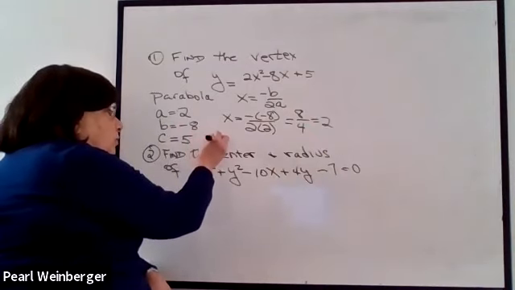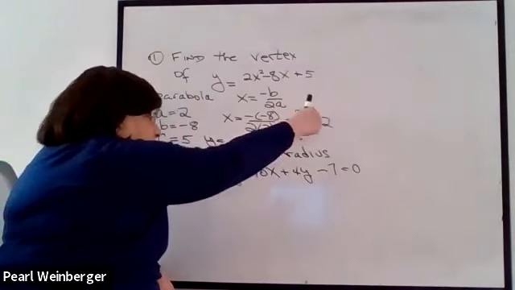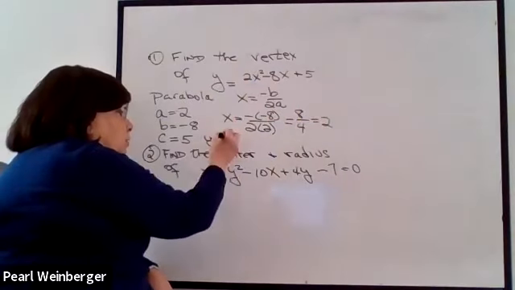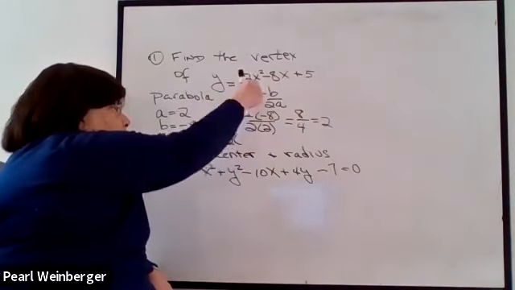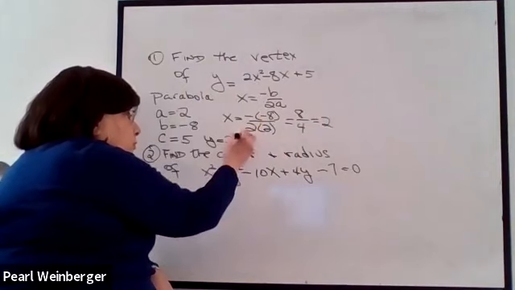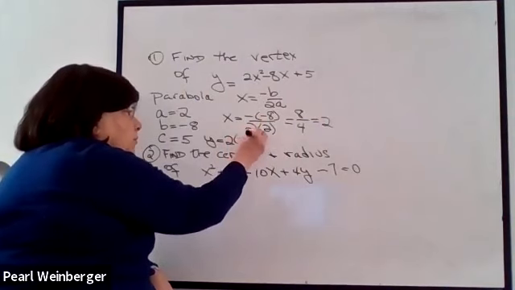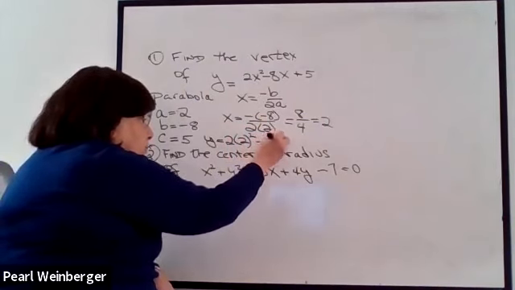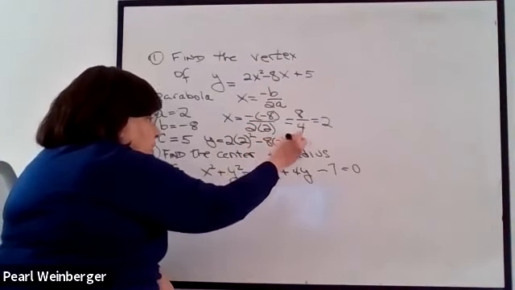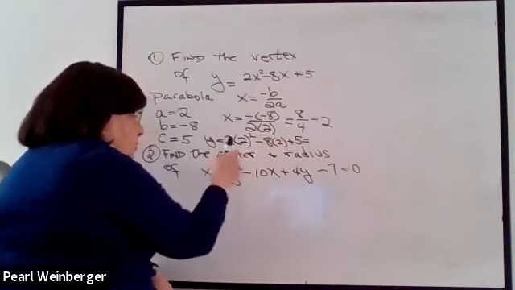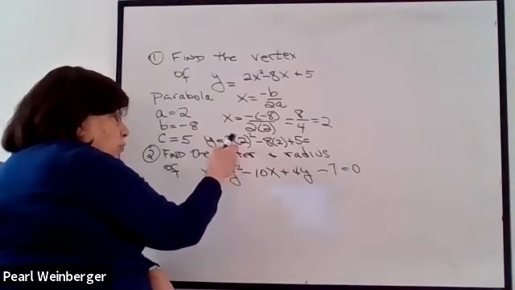So now, to find the y value, take this x value and stick it into your equation. So we're replacing the x with 2, so we get 2 times 2 squared minus 8 times 2 plus 5. And 2 times 2 squared is 4 times 2.